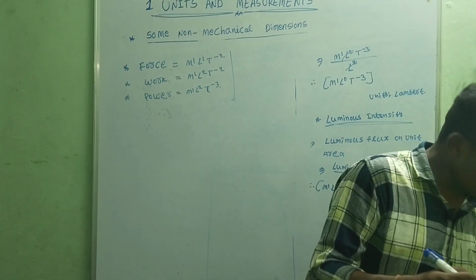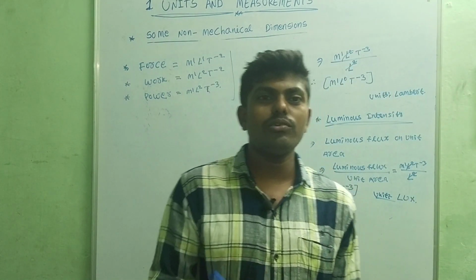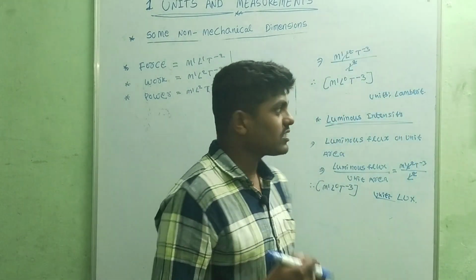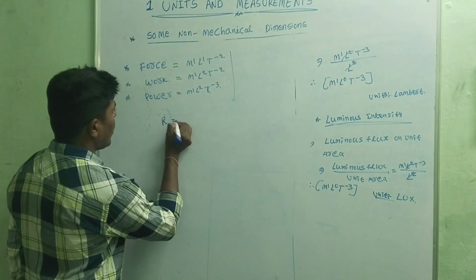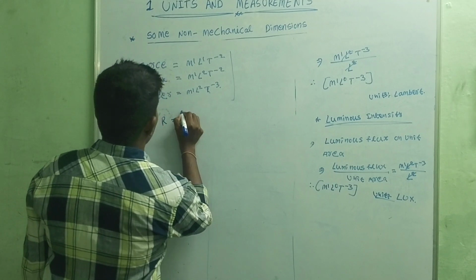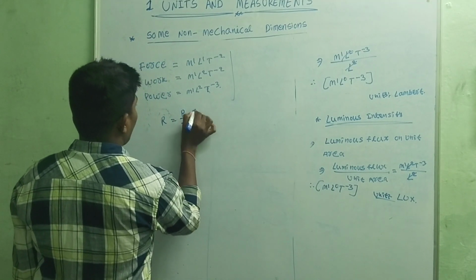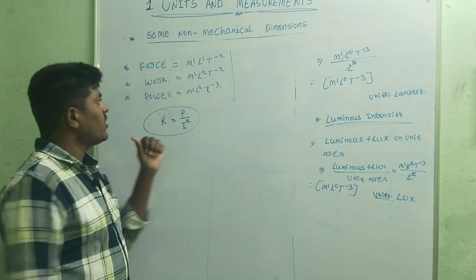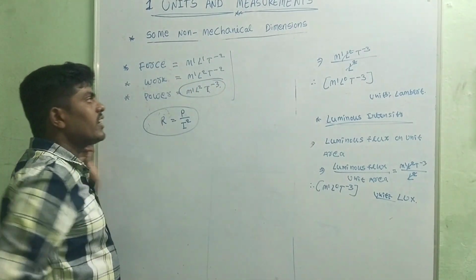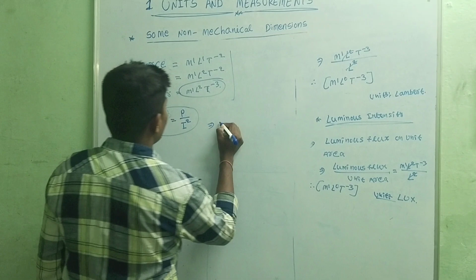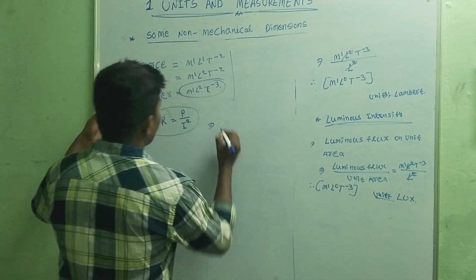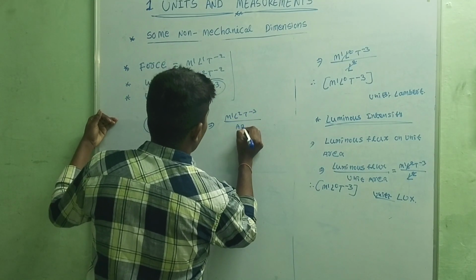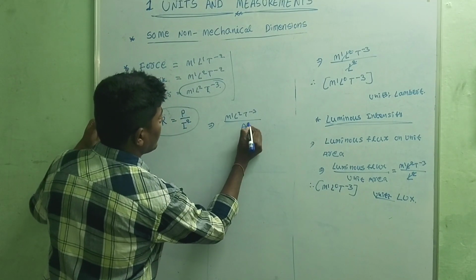Their units can be written easily when we find the fundamental units directly. For example, resistance. For the dimensions of resistance, the formula is R equal to P by I squared. Here P is power and I is current. The dimensions of power are M1 L2 T minus 3, so the dimensions of resistance are power by ampere square, that means A2.